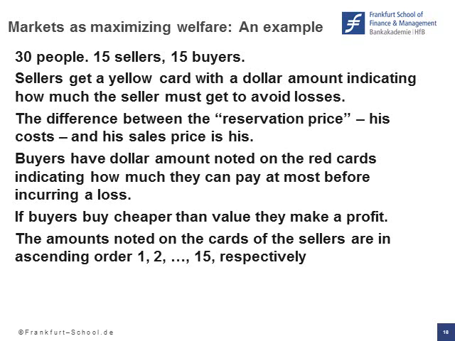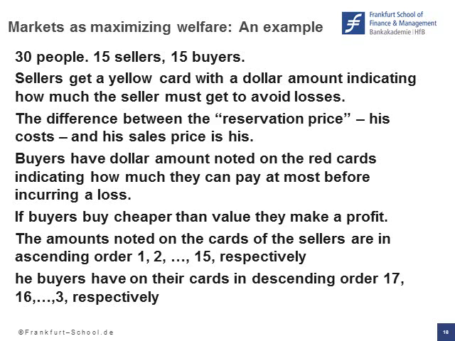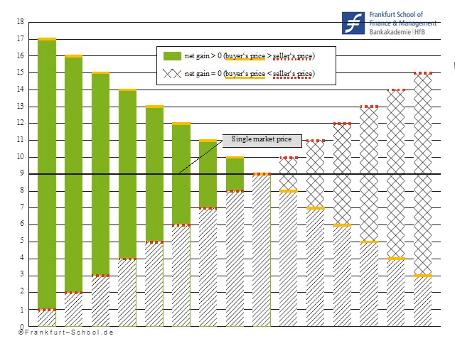The amounts noted on the cards of the sellers are in ascending order, 1, 2 to 15, and of the buyers 17 down to 3, respectively. So let's look at a figure. This figure shows the conditions.